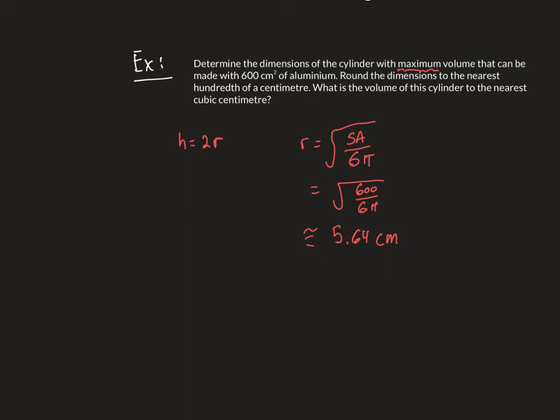Okay. Now, if I know my radius is 5.64, that means I can find my height, which is going to be 2 times 5.64, which is going to give me 11.28 centimeters.